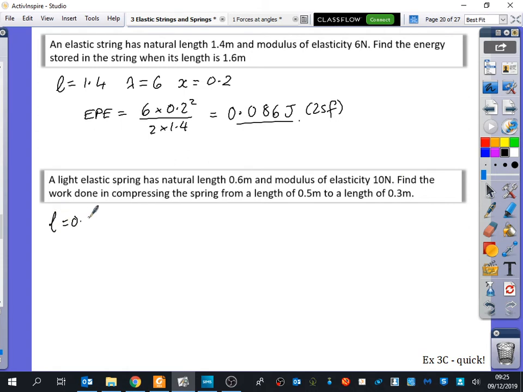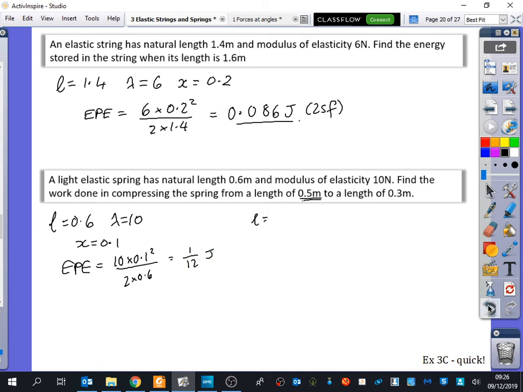We still said that natural length was 0.6 and that the modulus of elasticity was 10. First of all we see what happens for the first stage, to get it down to 0.5 meters. So when x is 0.1, the elastic potential energy that got it down to that stage would be lambda x squared over 2L, which is 1/12 joules.